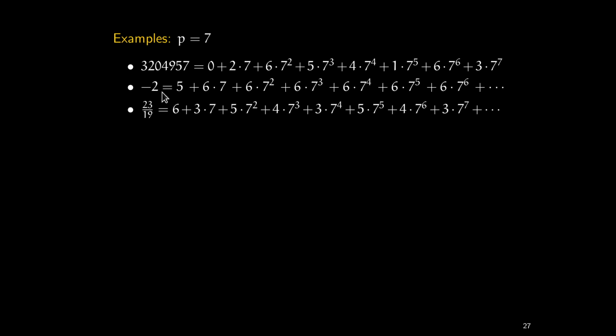Okay. Now what about fractions? You can also expand fractions in these p-adic numbers. But how do I get this? So this is a rational number, and I claim that it expands into 6, 3, 5, 4, 3, 5, 4, 3, and so on.